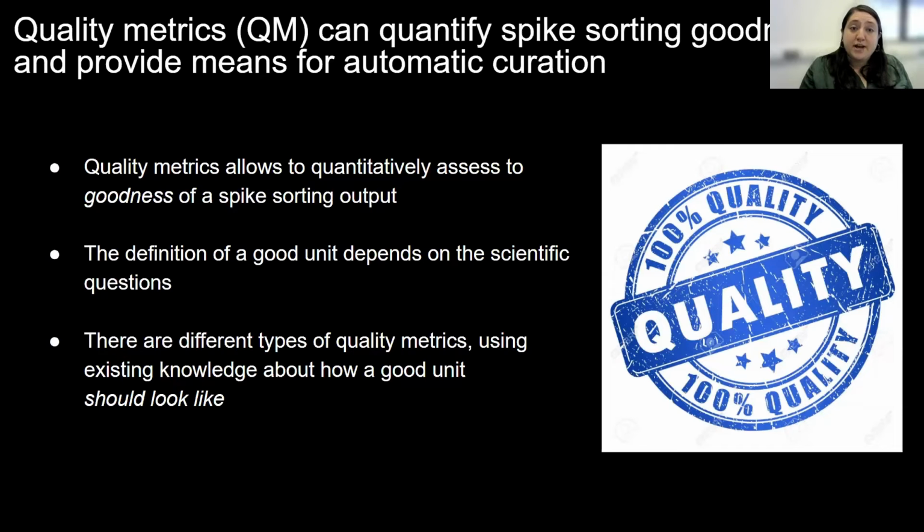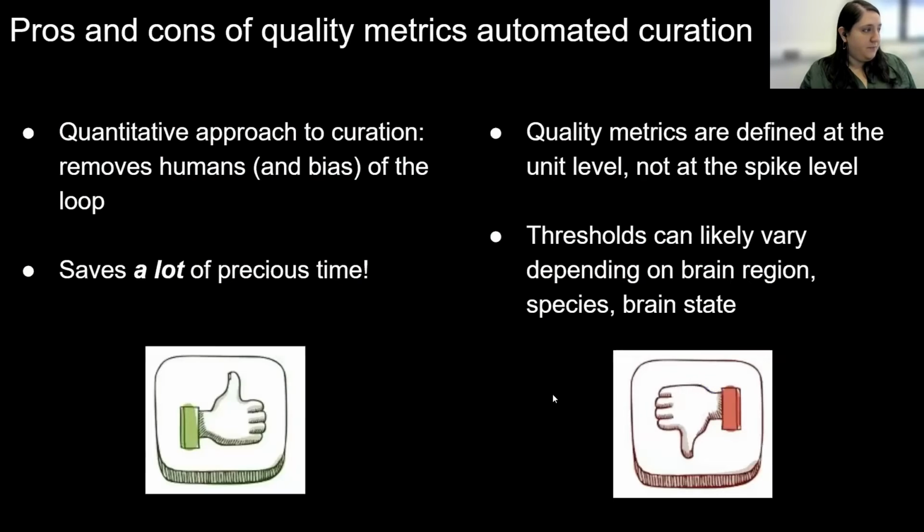But if you do care specifically about really well isolated neurons and you want to make sure that you're not getting any false negatives, any missing spikes, then you will want to use some quality metrics that address that specifically. All right, so we'll go through some different types of quality metrics, and these are based on our general neuroscientific knowledge of what good units should look like.